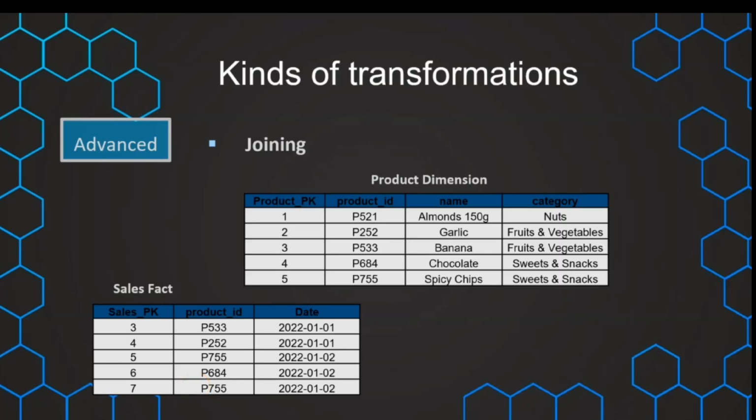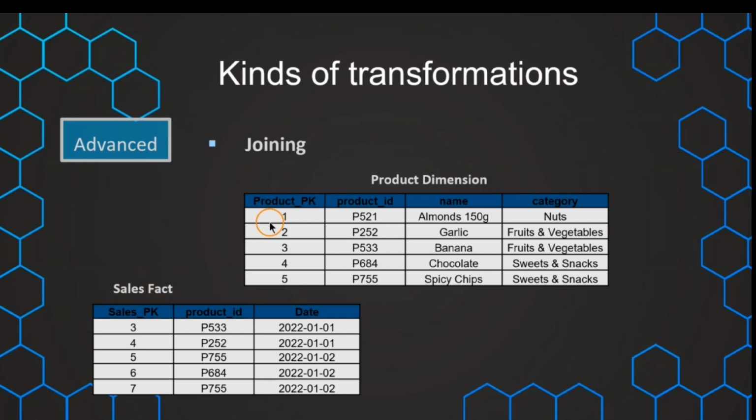Now that we have seen the basic data transformations, we also want to see important examples of advanced data transformations. We want to start with joining multiple tables together. This is oftentimes necessary to get the foreign key into our fact table, because sometimes we have only a natural key in our fact table.